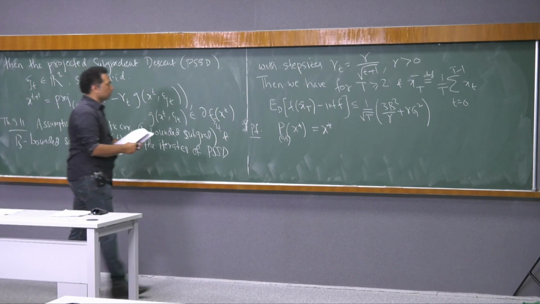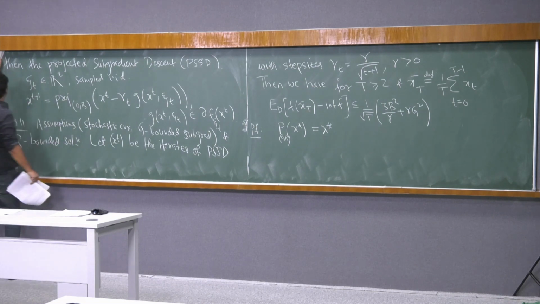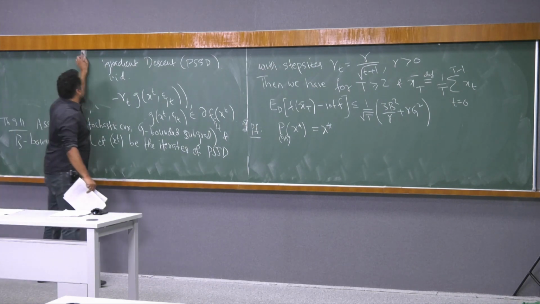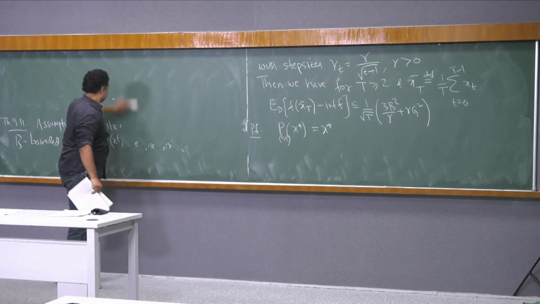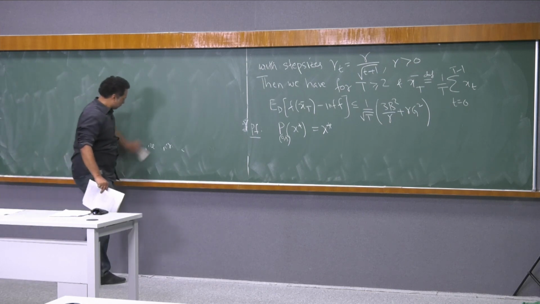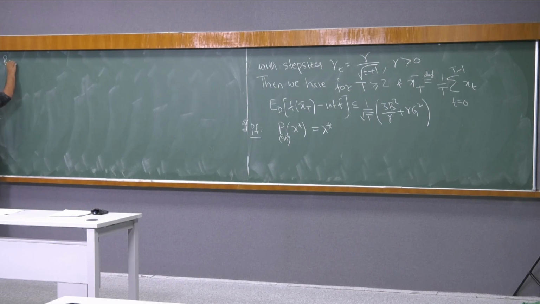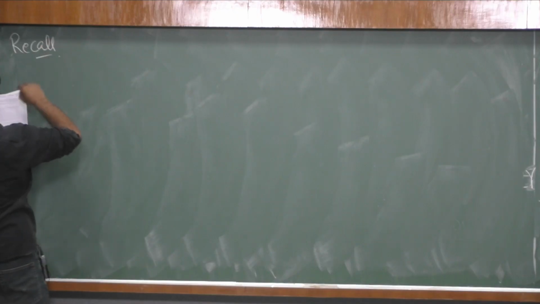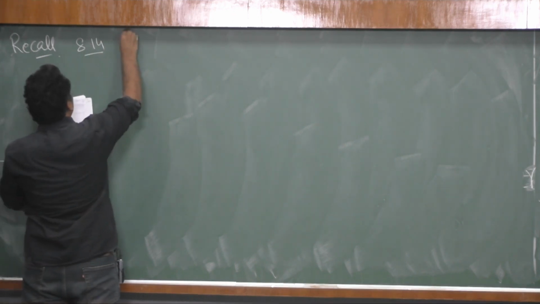So these are the two facts we recall that we have proved before. I'll just write this statement so that it remains complete. This is why we need to use this fact, it's non-expansive. So we recall 8.14: projection is a proximal operator.